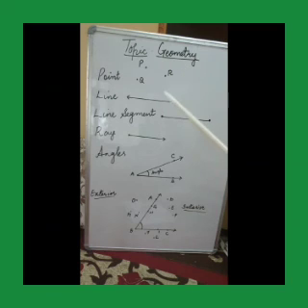Next is line. A collection of points makes a line. Actually, this is the collection of points. When points are joined together closely, it makes a line. It extends endlessly or indefinitely in both directions. You can see the arrows at the ends of the line.